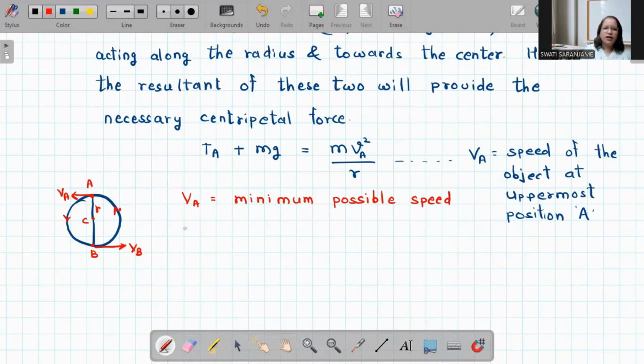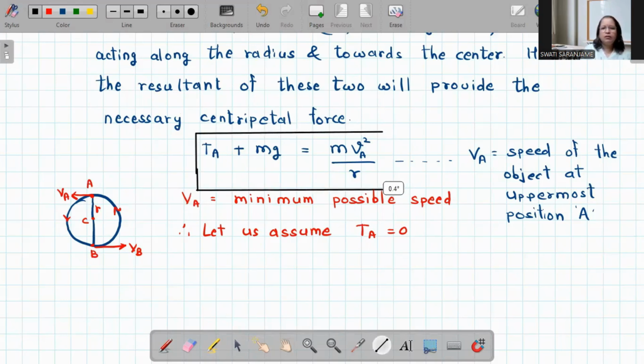With this criteria, let us assume TA is equal to 0. Now, let's call this equation equation 1.